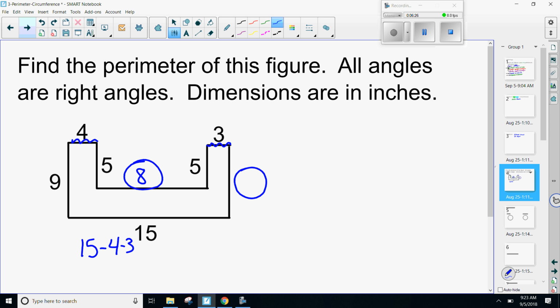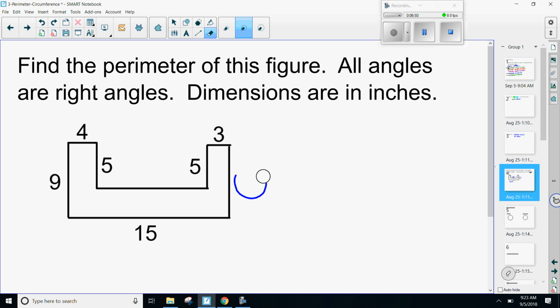But wait, I'm finding perimeter. And if I am finding perimeter, what are you going to do to those pieces? Add them together. So you have 4 plus 8 plus 3. What's 4 plus 8 plus 3? 15. Did I have to find that exact value right there to be 8? No, you didn't have to. Don't go to all that work if you don't have to find those missing pieces.